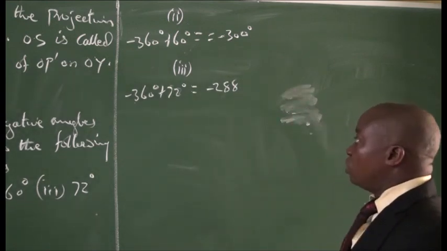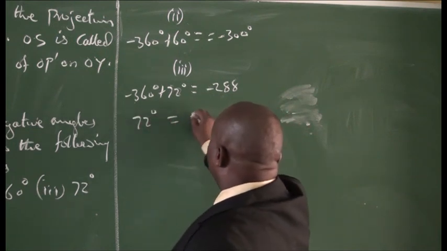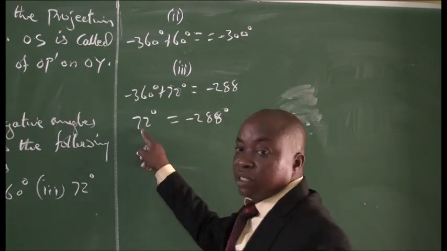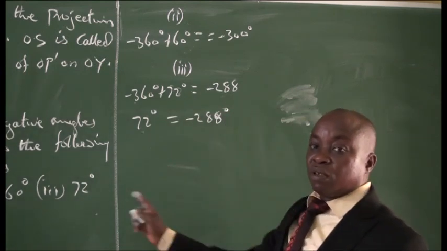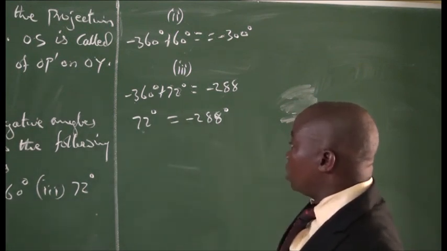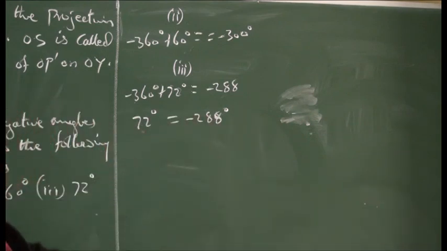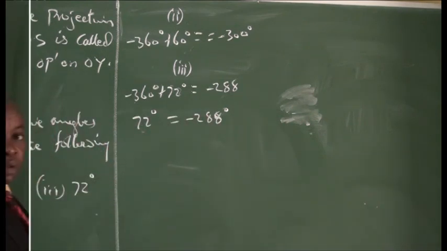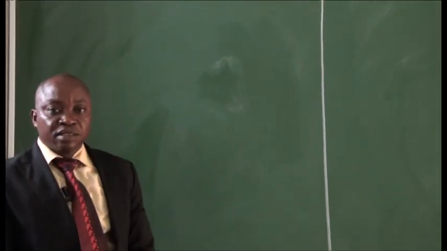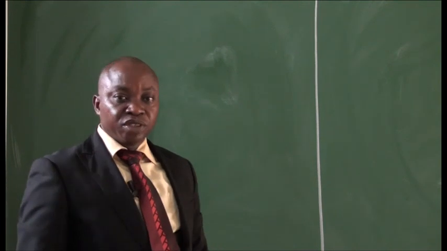So it means that 72 degrees is equivalent to minus 288 degrees. Now 72 degrees is an anti-clockwise rotation, while minus 288 degrees is a clockwise rotation. Okay. Now the next subtopic we are looking at is basic trigonometric ratio.